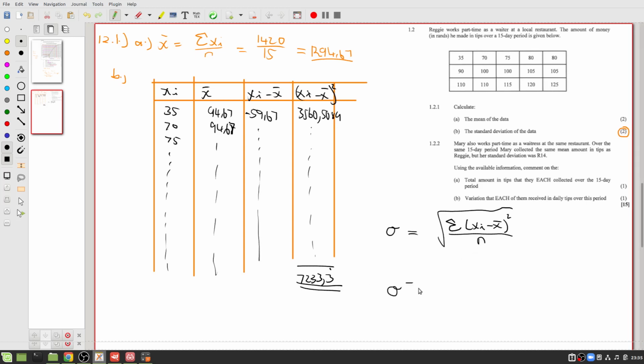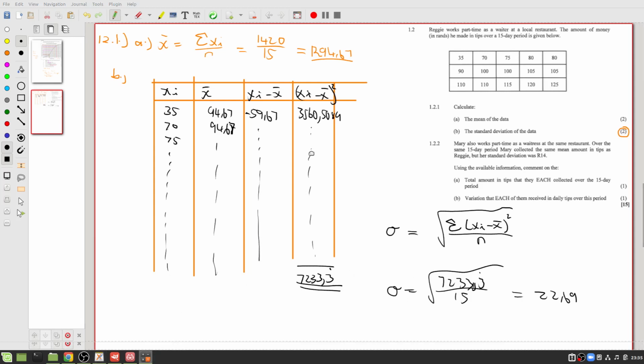So our standard deviation is going to be equal to that big calculation we did at the top, divided by 15, and then take the square root. And that should give us 22.69. Let me just see if I remembered this 7233 correctly.